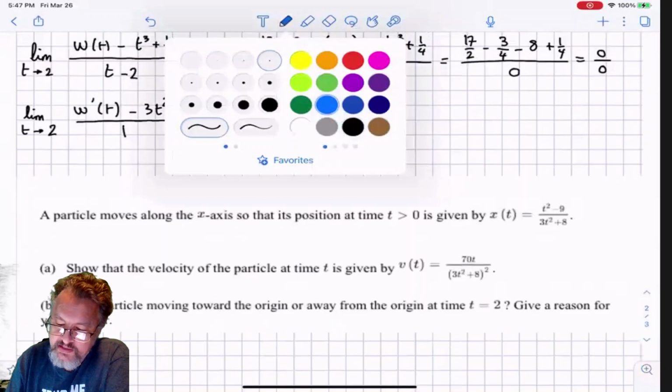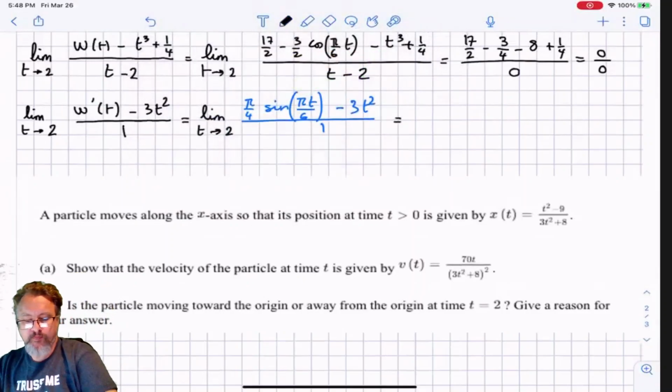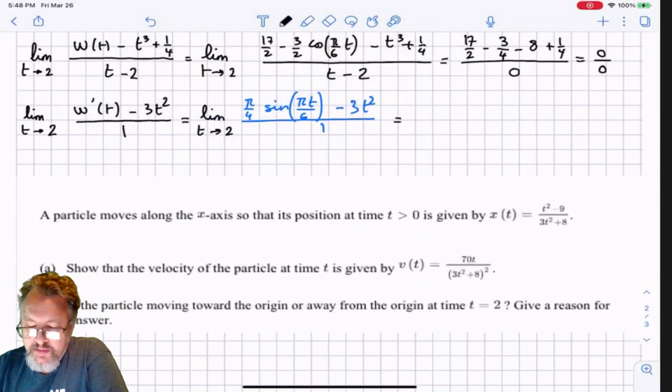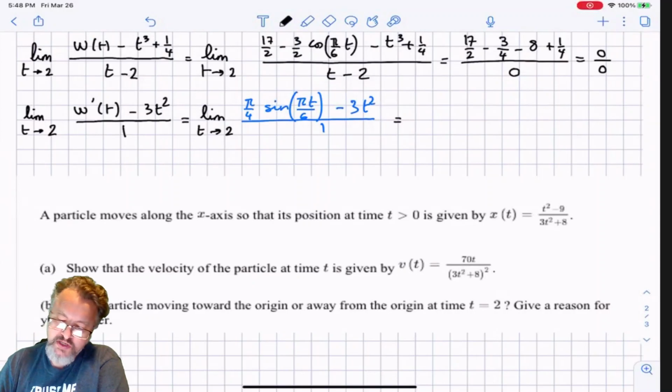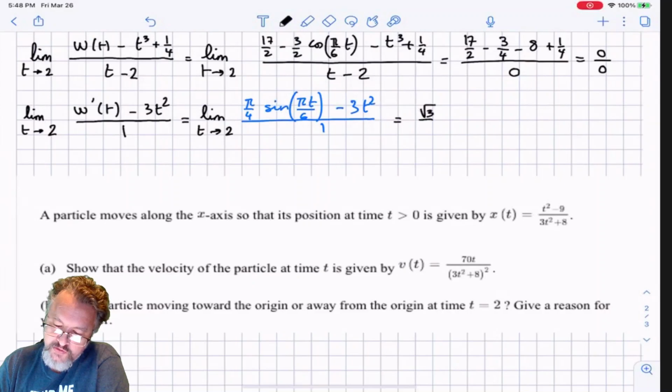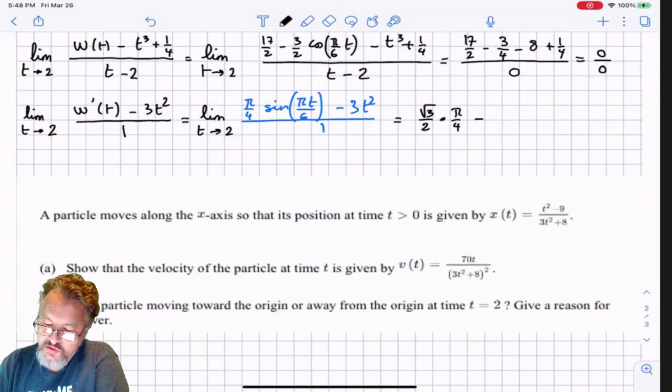Okay, so let's now replace t by 2. So it's going to be pi over 3. Sine of pi over 3 is root 3 over 2. So it's going to be root 3 over 2 times pi over 4 minus 3 times 2 squared.